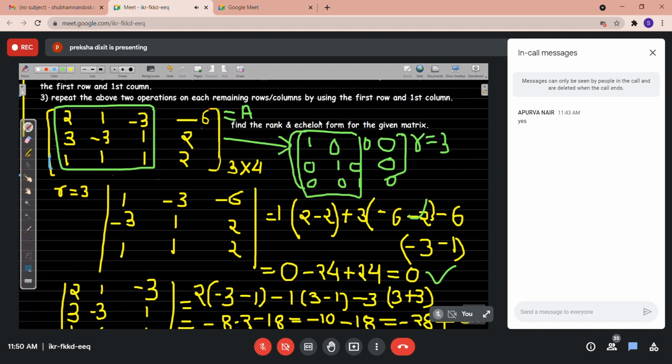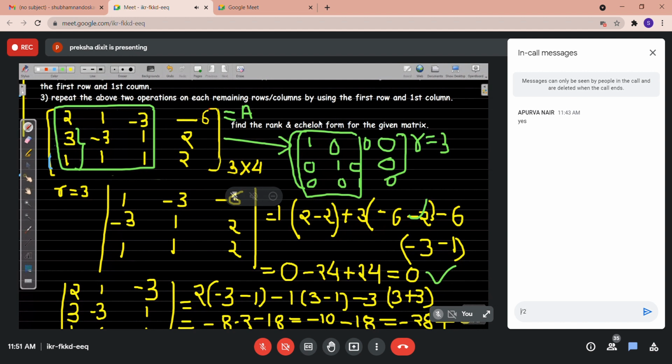Okay, so that means this first element, where 2 is the element at the position of first row and first column, we have to bring 1 over here first. Then after bringing 1 over there, we have to bring zeros at these two places to make an identity matrix of order 3 at the first 3 rows and 3 columns places, isn't it?